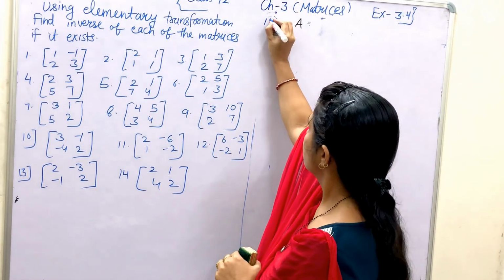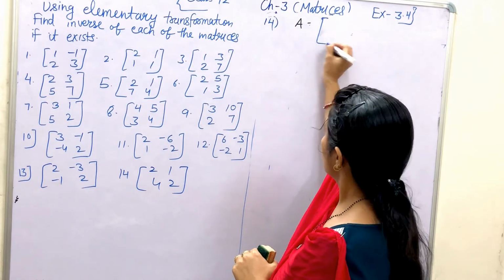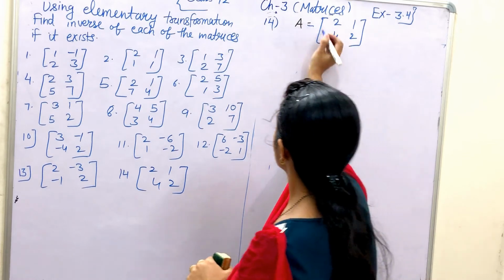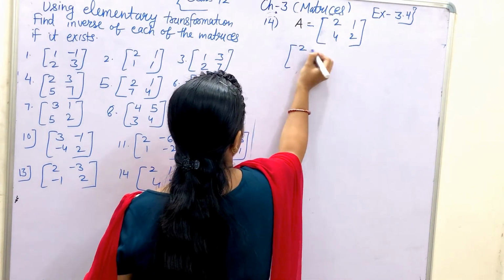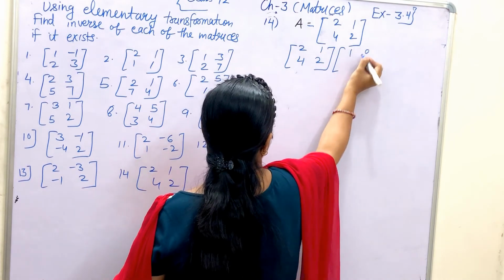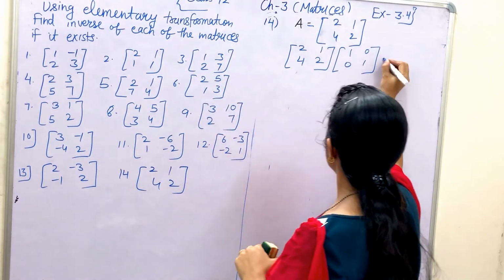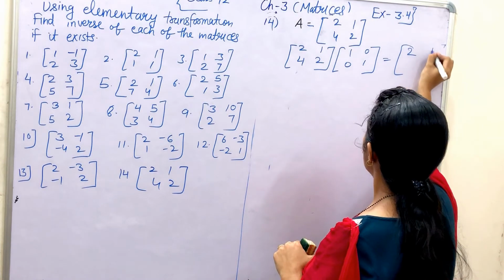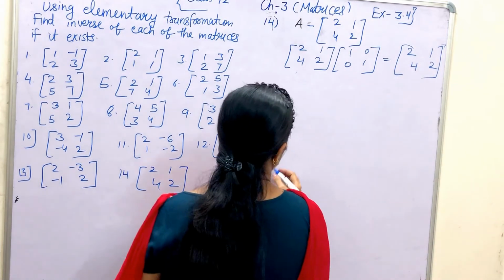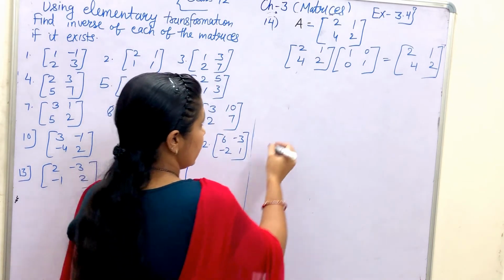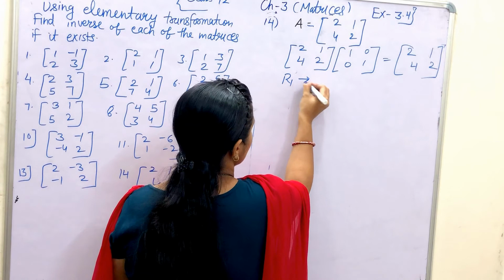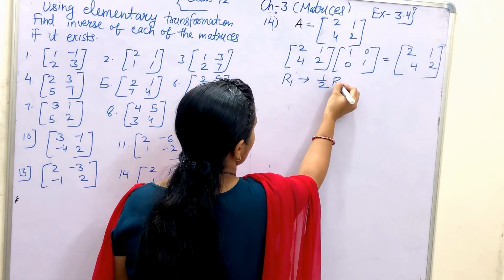In question number 14, we have matrix [[2, 1], [4, 2]]. A equals I times A, with identity 1, 0, 0, 1. Here we apply our row operation R1 goes to half of R1.